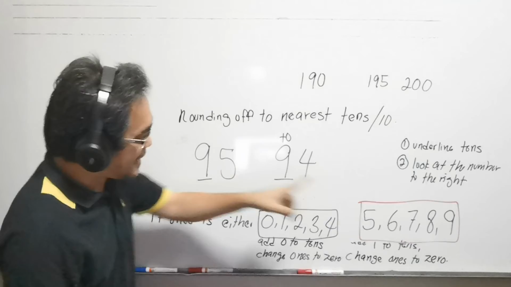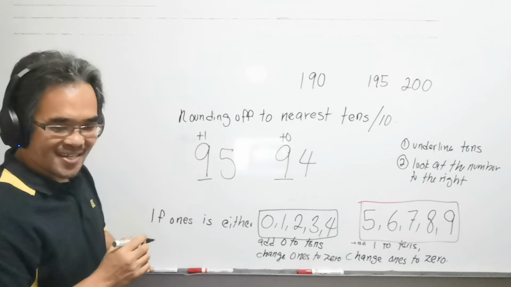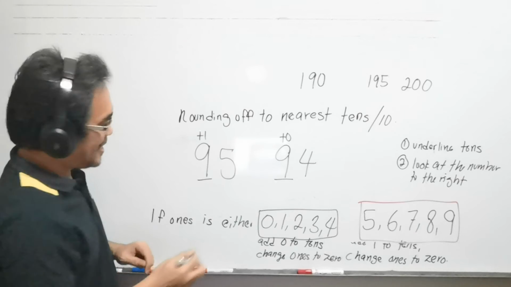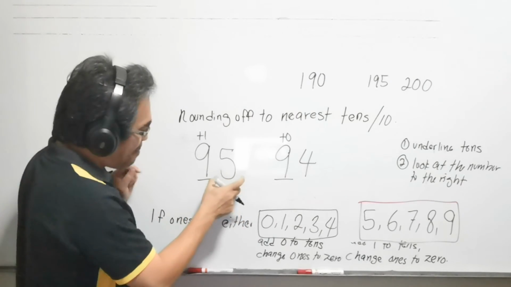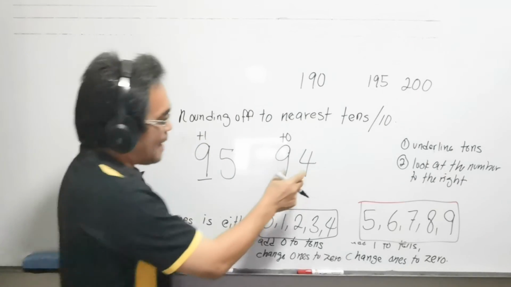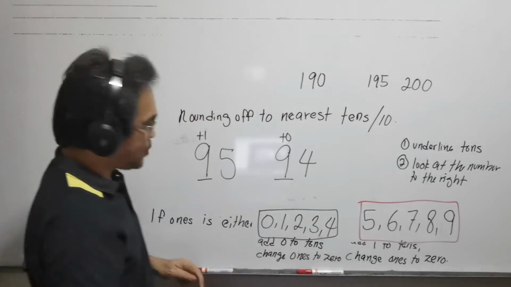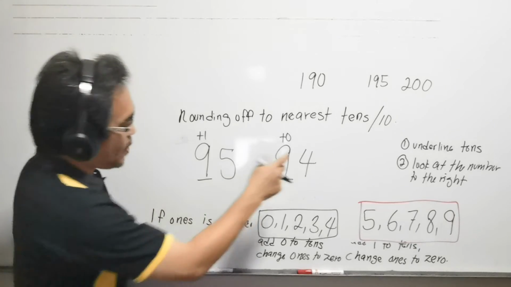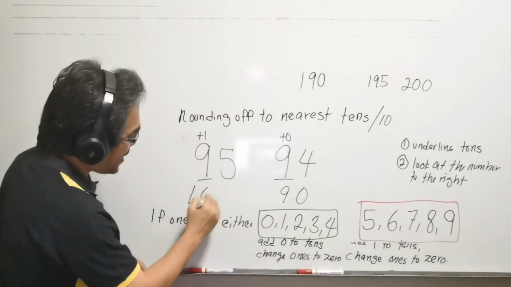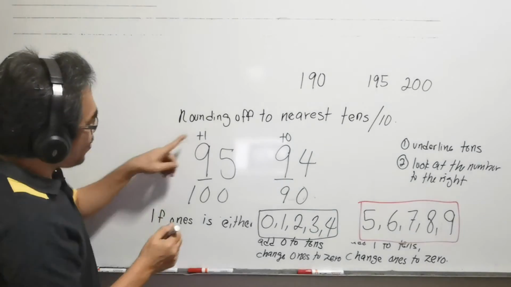If the number here is in here, you plus 1 here. Yes, correct. If the number at the back is more than 4, you plus 1. If the number is either 0, 1, 2, 3, 4, you do not plus 1. So this one becomes 90. This one becomes 100, because 1 plus 9 is 10.